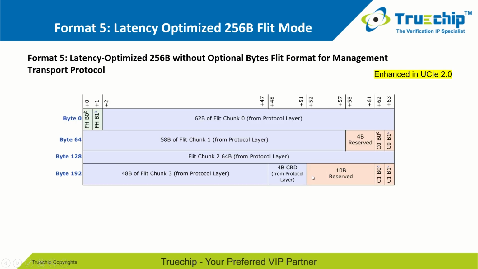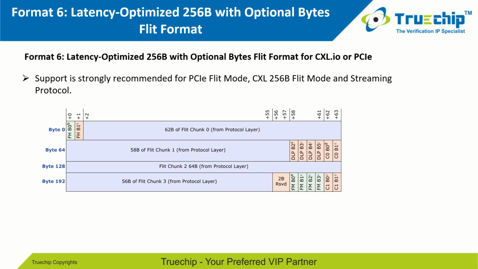Similarly, this format is also supported for the management transport protocol. Another format is called latency optimized 256-byte Flit format with optional bytes, which is supported for CXL.io or PCIe. It is also recommended to support it for the streaming protocol.